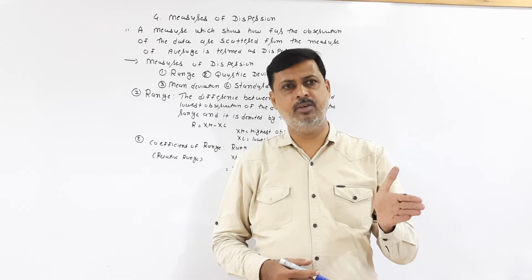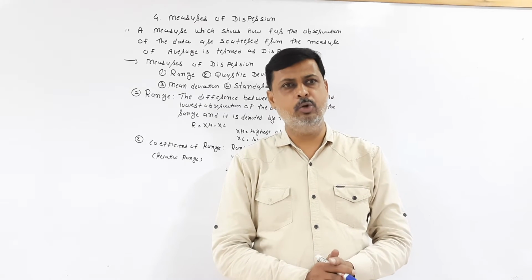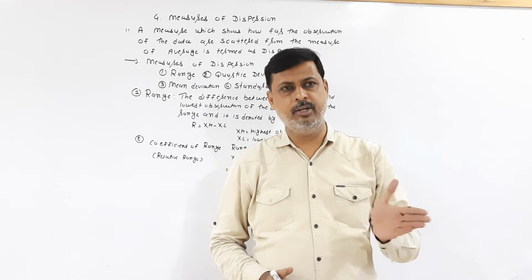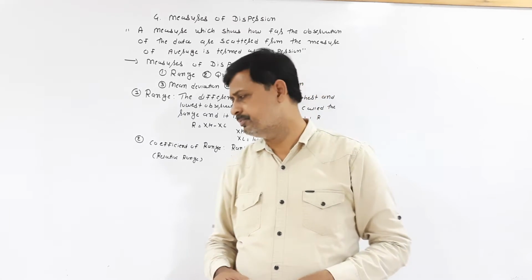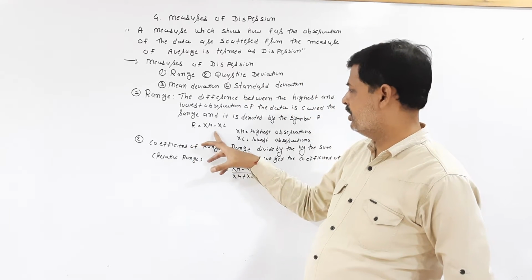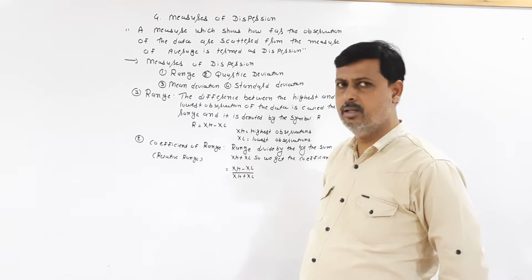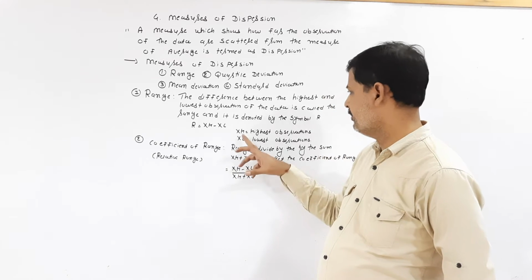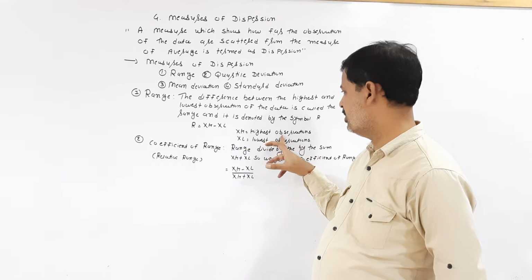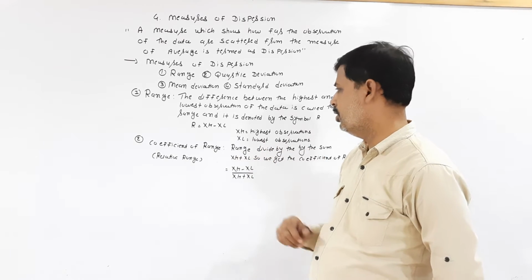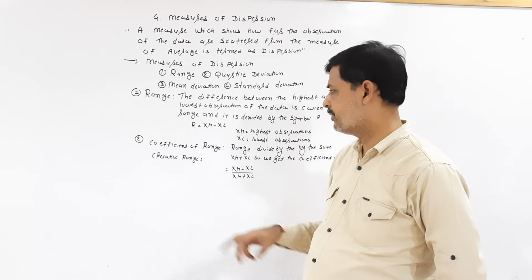Then highest observation minus lowest observation, so the difference is called the range. R is equal to XH minus XL, where XH means the highest observation and XL means the lowest observation.